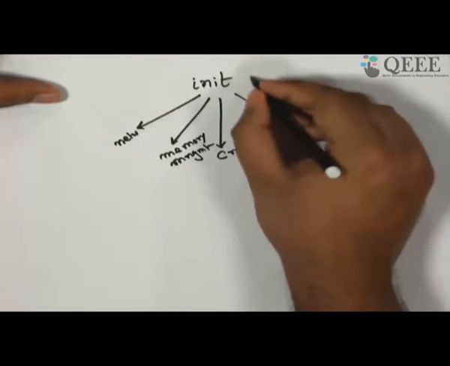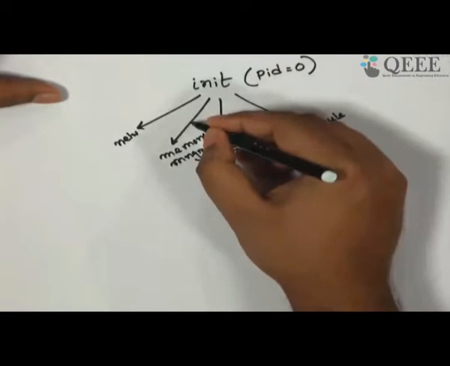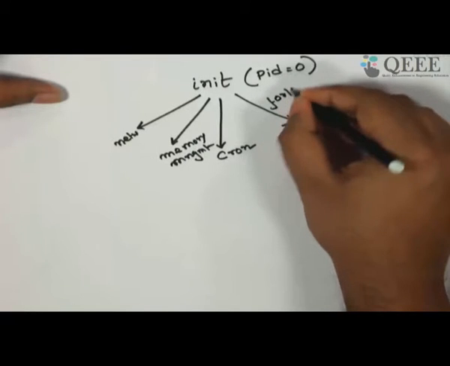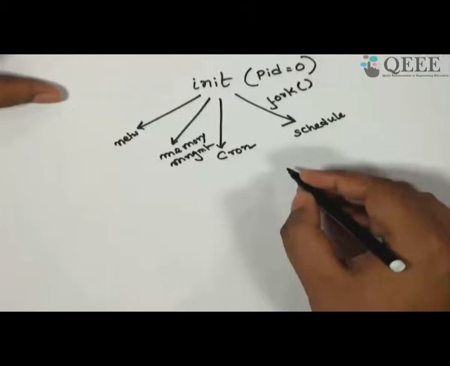Then there are cron processes which run the background services. Then there can be other processes for, say, memory management, and processes for your network. So the init process, which is the process ID 0, creates such multiple processes using the fork system call. We will talk about how this fork system call actually works, and then it creates such multiple child processes.